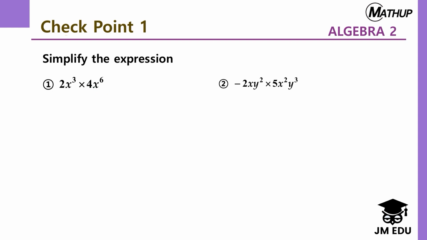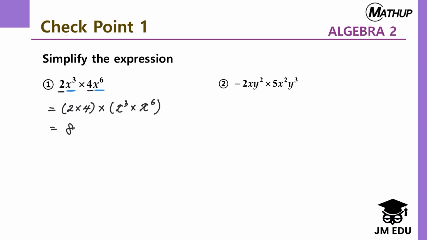So what we have to do is multiply constant by constant and multiply variable by variable, x cubed times x to the 6, right? So let's try this. Number 1 is equal to constant 2 times 4 times x cubed times x to the power of 6. So 2 times 4, that's 8.